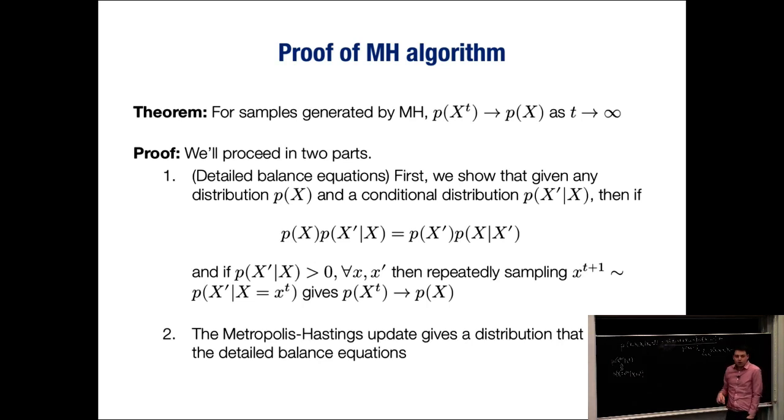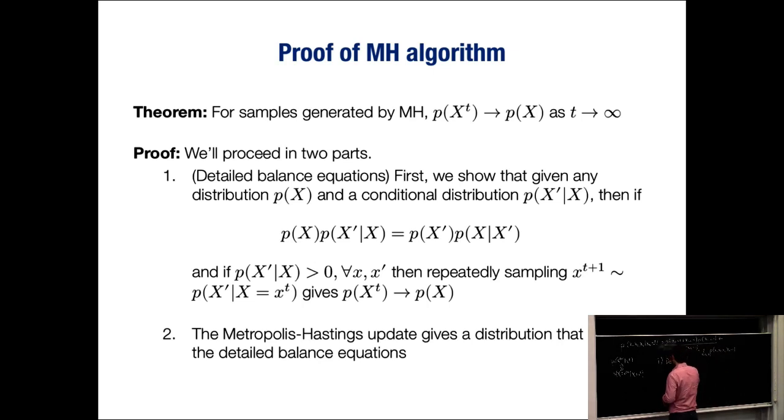What we want to show is that this procedure will converge to give us samples from the true distribution. The first part is a general statement about when you are given a p. Step one is called the detailed balance equation.